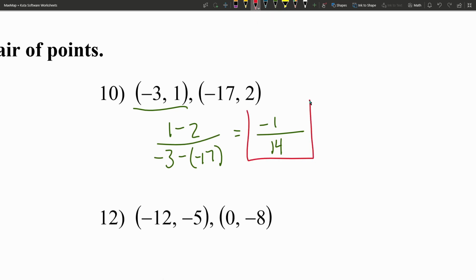So negative 1/14 is my slope in number 10. That means going down 1 and over 14 will take me from my leftmost point to my rightmost point. Think about it. This is the leftmost point since the x is the furthest over. If I go down 1, I get 1. And then if I go over positive 14, I get to that negative 3.